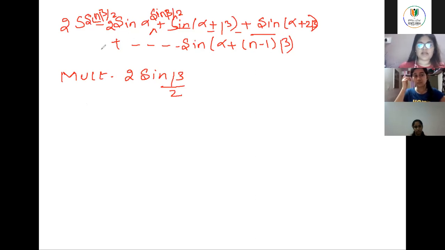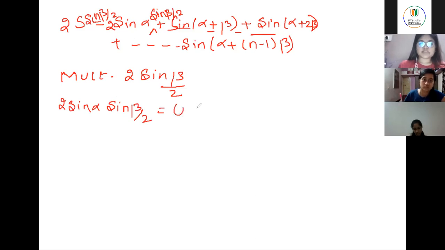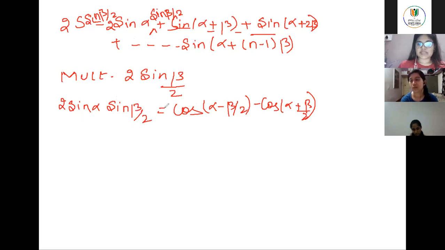Now I'll write it separately, which is 2 sin α sin(β/2) can be written as cos(α − β/2) minus cos(α + β/2), because 2 sin c sin d is cos(c − d) minus cos(c + d).